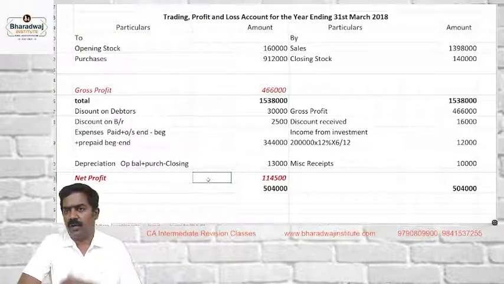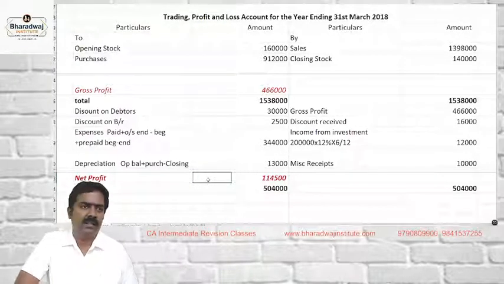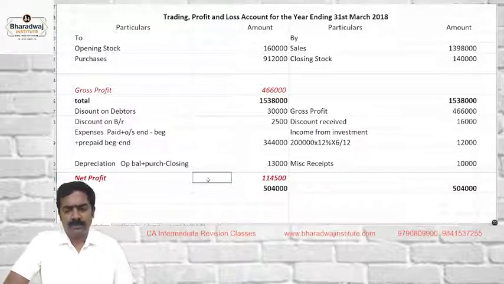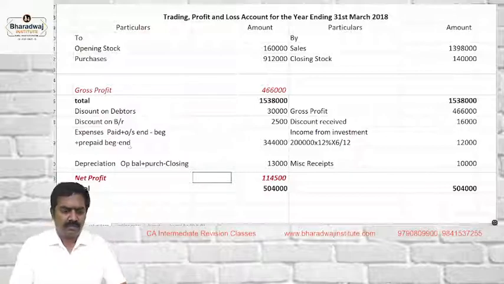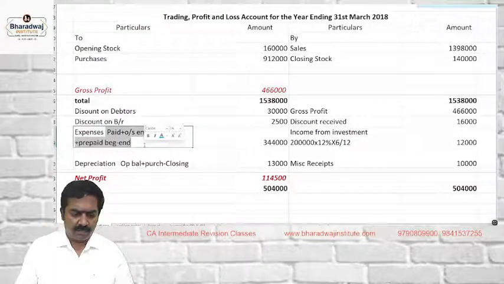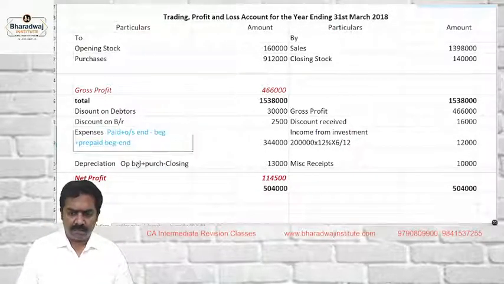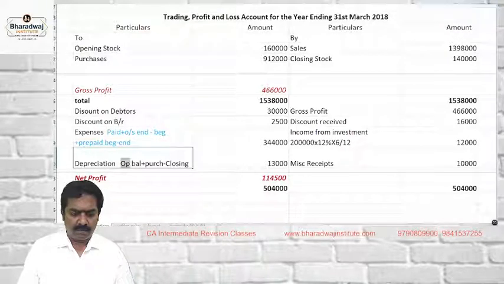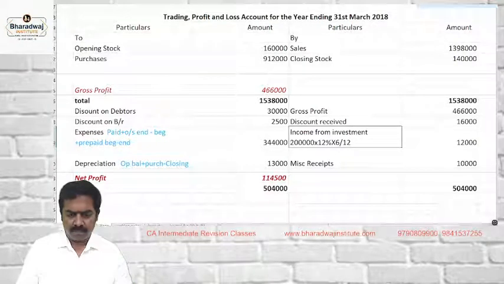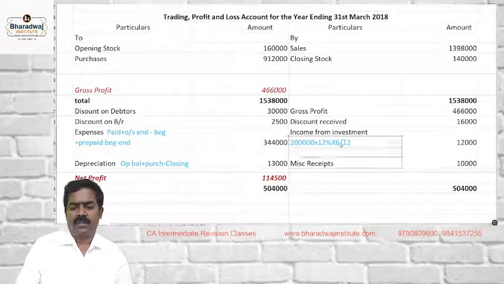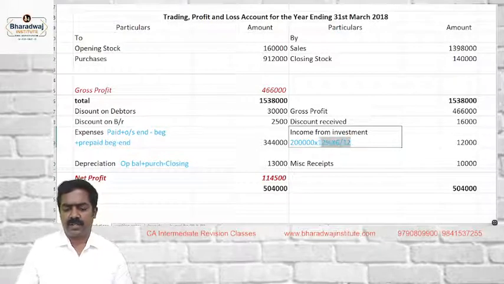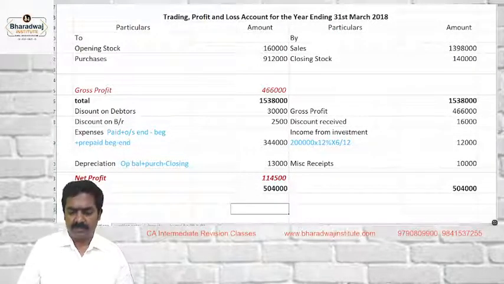A trading P&L account and balance sheet we will do, and we will end for the day. I have added the information, purchased on 30th September.